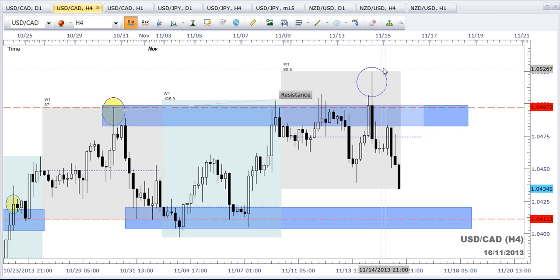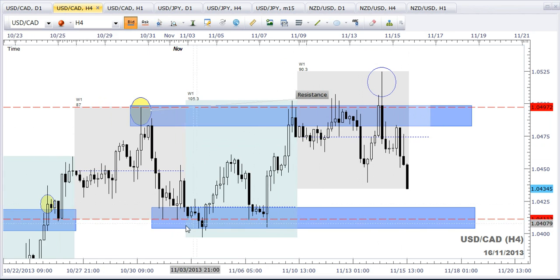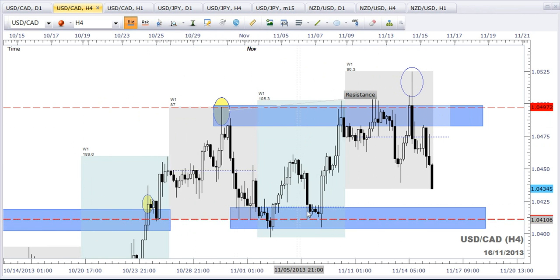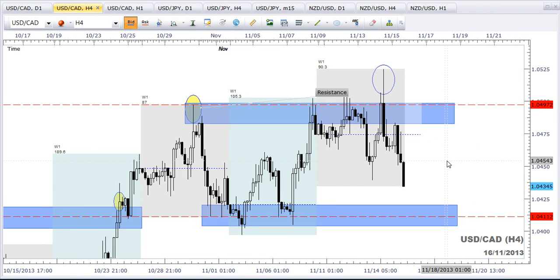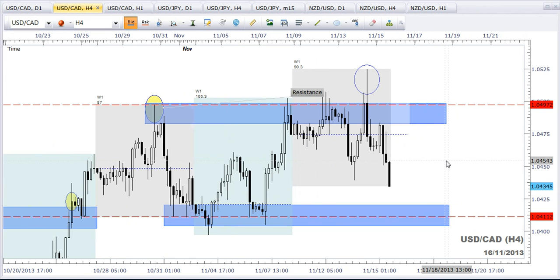So if we've got all this rejection up here in this resistance zone, these types of individual candles, and no real momentum to the upside, then where will price likely go? It's likely going to come into this previous area of identified support. And this is not just me looking at this market.